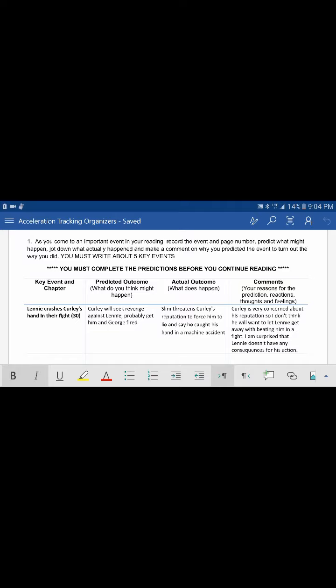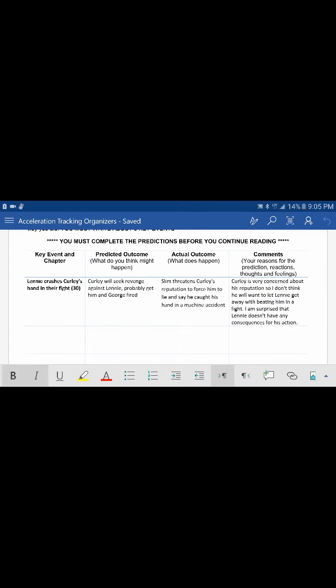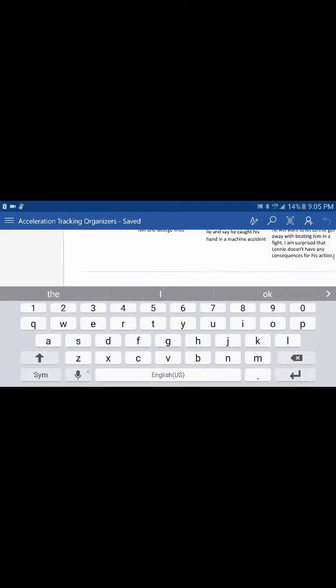So what you're going to do is record it and then make some predictions. So if you take a look, notice it says that you have to complete your predictions before you continue reading. So you get to a key event, bam, you just got some new information. Write it down under key events in the chapter. So Lenny crushes Curly's hand in their fight is my example.